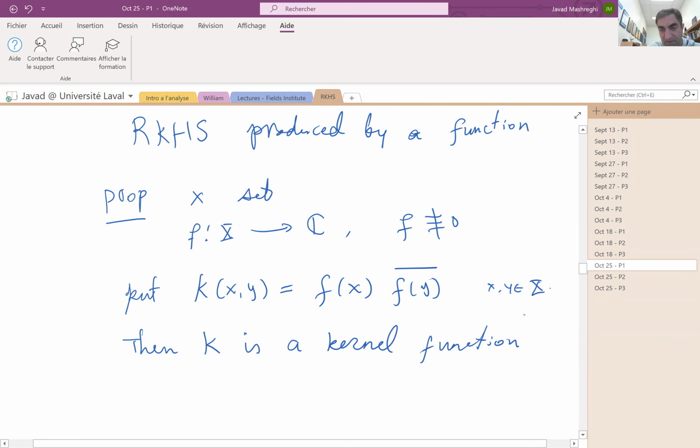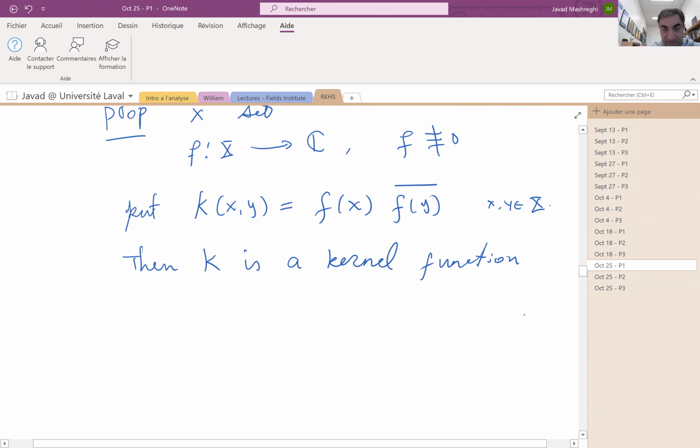At least I mentioned this. What is new is that H of k is indeed a one-dimensional space, equal to C times f.